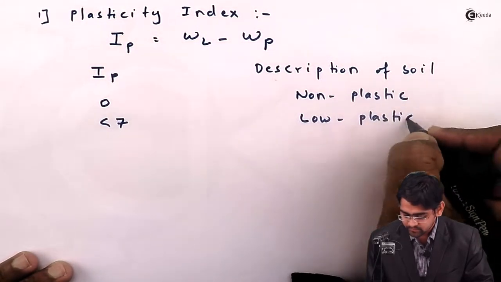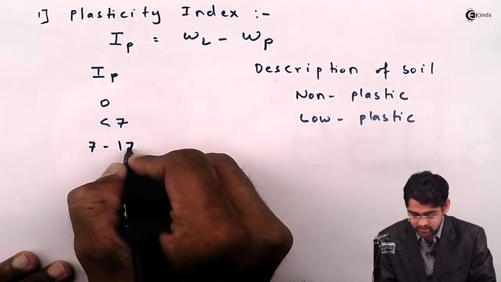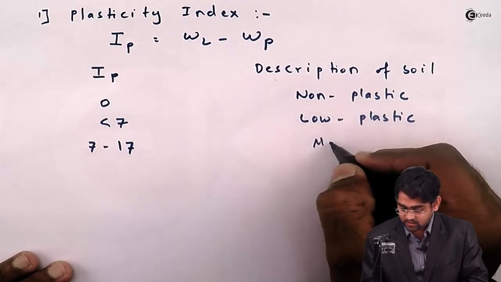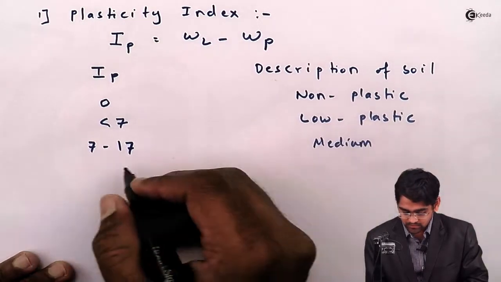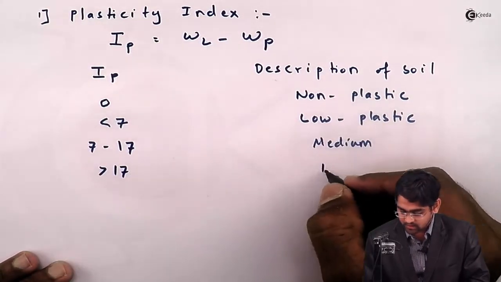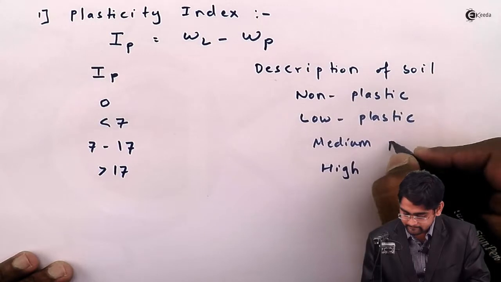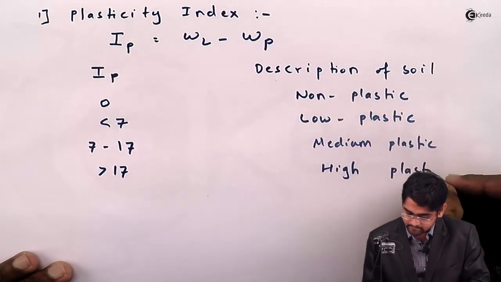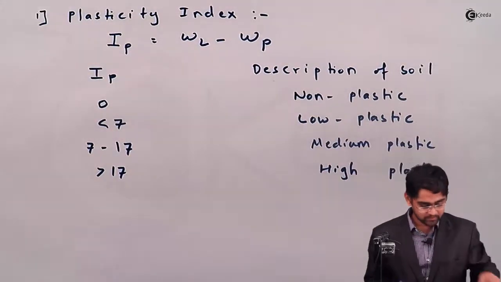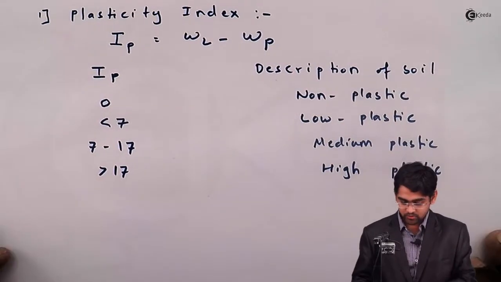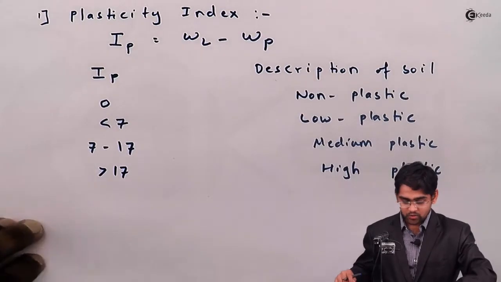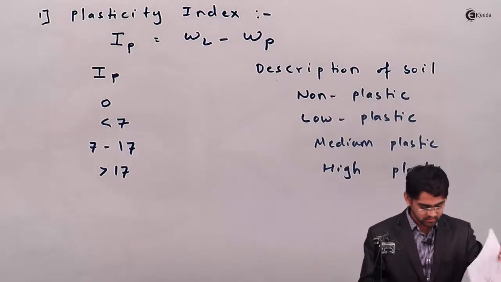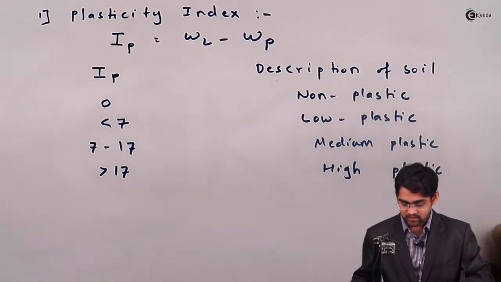If it is between 7 and 17, it is medium plastic, and if it is more than 17 it is high plastic. Remember this, which again may be asked in multiple choice questions. So this is the first definition of plasticity index.